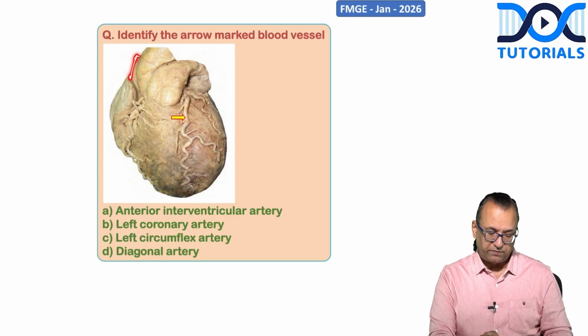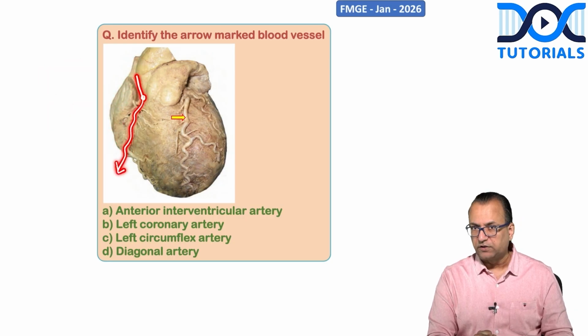And there will be the superior vena cava entering into the right atrium. But it is the ascending aorta which will be giving the right coronary artery in the right coronary sulcus. It will be giving the left coronary artery in the left coronary sulcus.